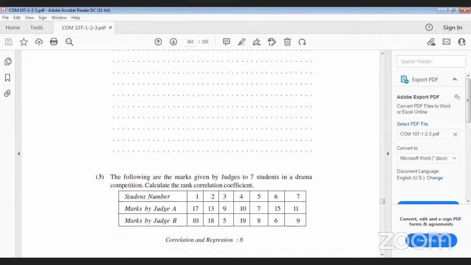Third highest is 13, third rank. Fourth highest is 11, fourth rank. Fifth highest is 10, fifth rank. Sixth highest is 9, sixth rank. And last is 7, seventh rank. Then for judge B, the highest figure is 19, which has first rank. We shall stop here.